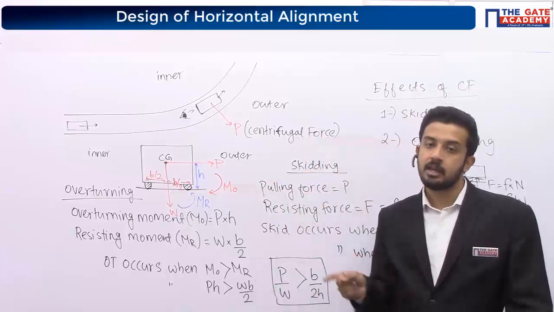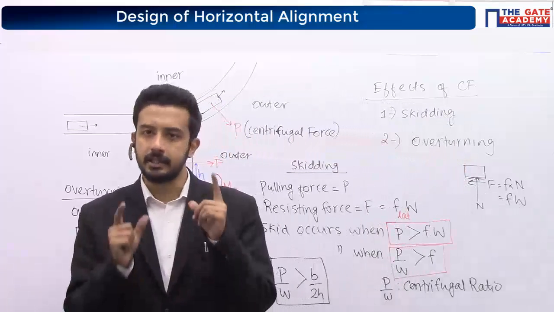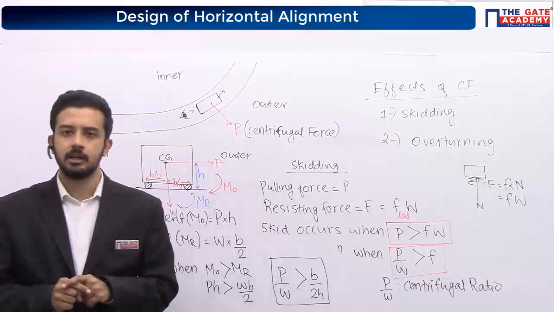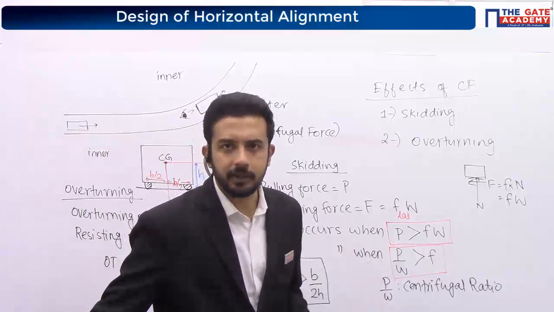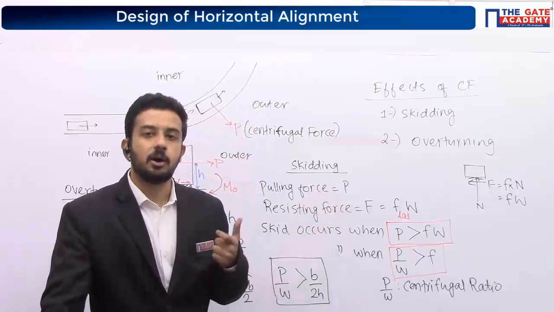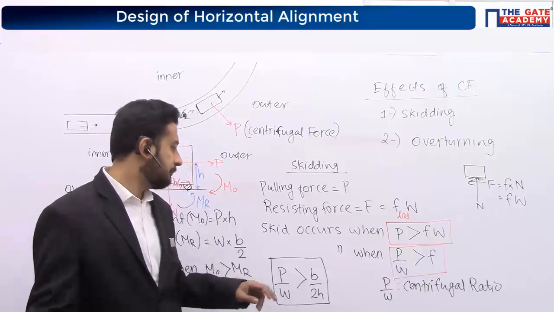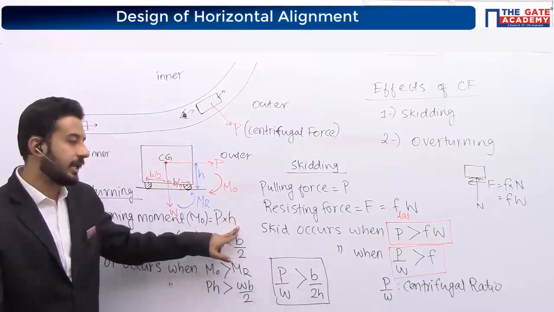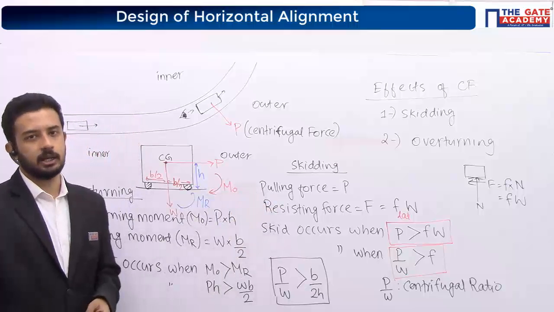But a racing track is designed for very high speed, so even at 100 or 150 you will not overturn. That is the difference. Also, H is very less, so the overturning moment is also less.